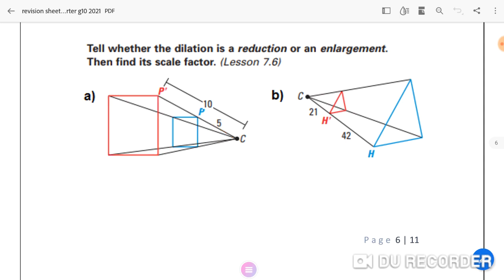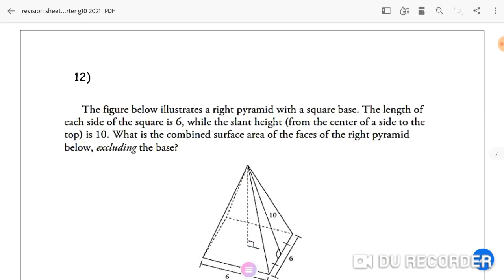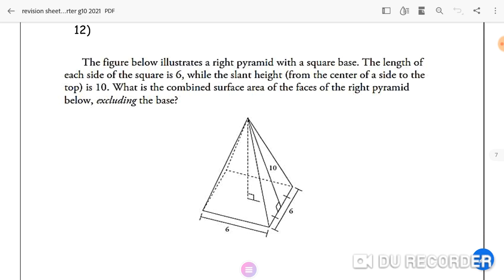And the second part of the question also has the same idea, so let's go further and solve question number 12. And question number 12 is about the surface area of the square pyramid. Okay? The figure below illustrates a right pyramid with a square base.